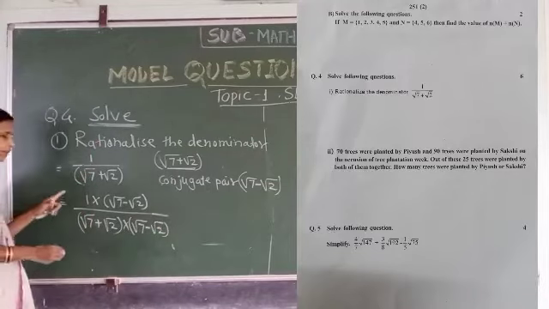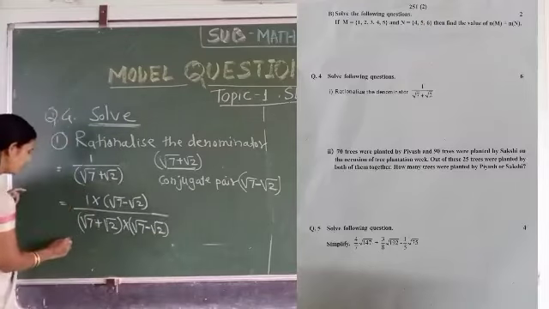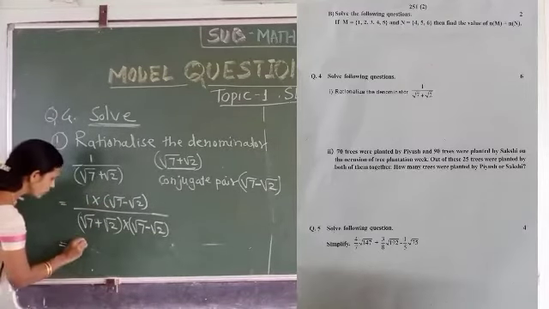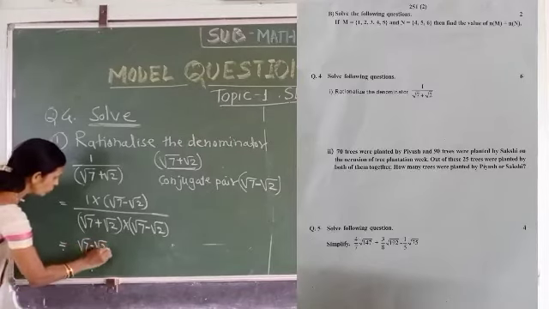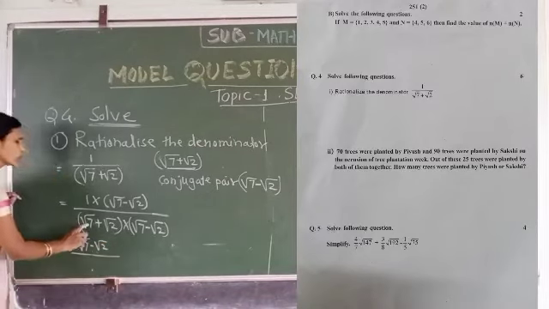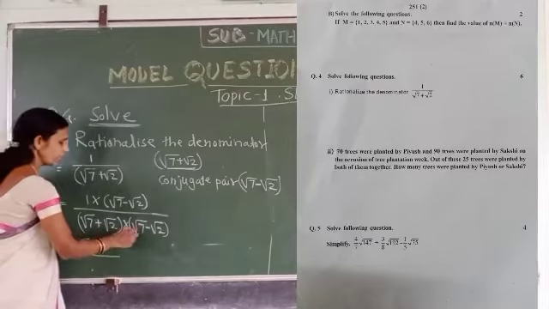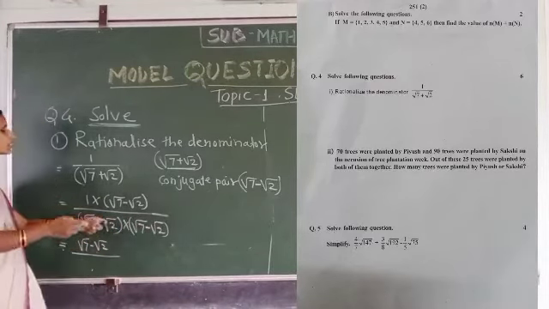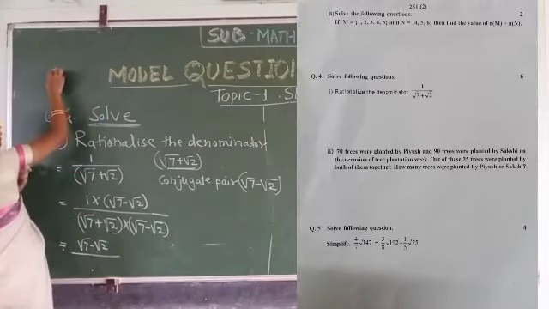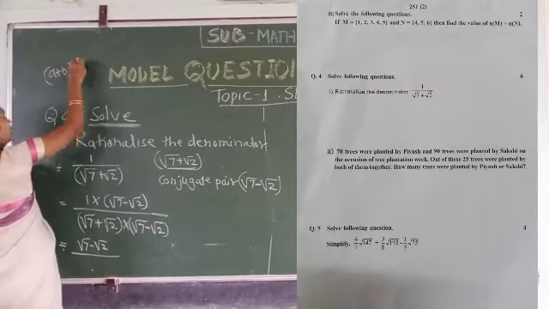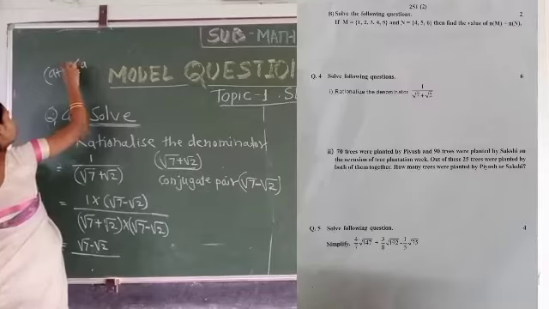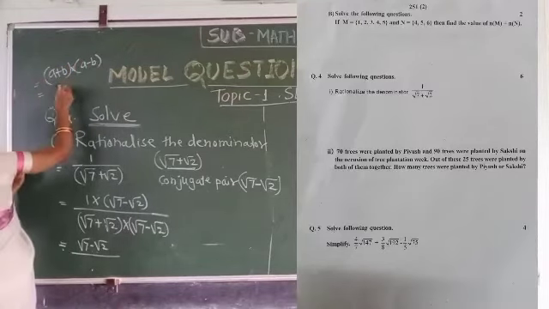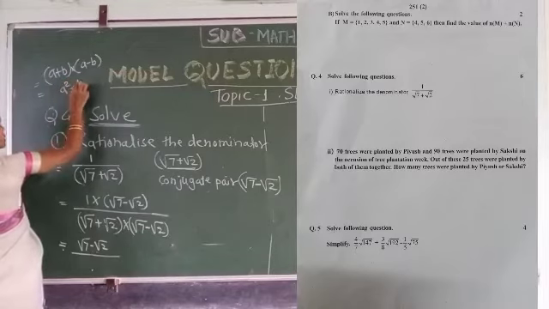See here we can solve this example like this. 1 into root 7 minus root 2 means root 7 minus root 2 upon root 7 plus root 2 in one bracket, root 7 minus root 2 in another bracket. This example is like a plus b in one bracket into a minus b in another bracket, and we get the expression a square minus b square.